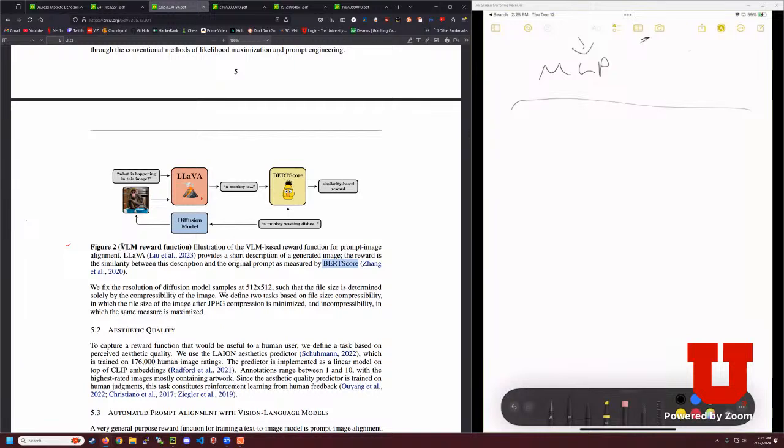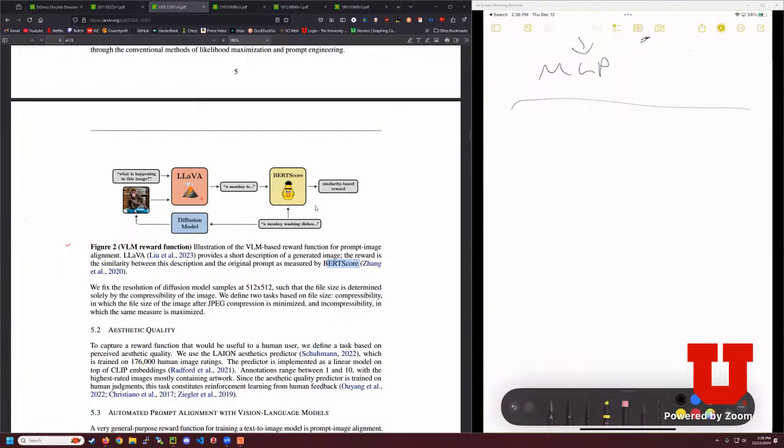But LLaVA cannot give us a score. LLaVA is generating a description of the image. Yeah. And then they're using BERT score, which takes in two descriptions and gives a similarity. I see. So combining LLaVA and the BERT score, that is our reward function. Yeah.